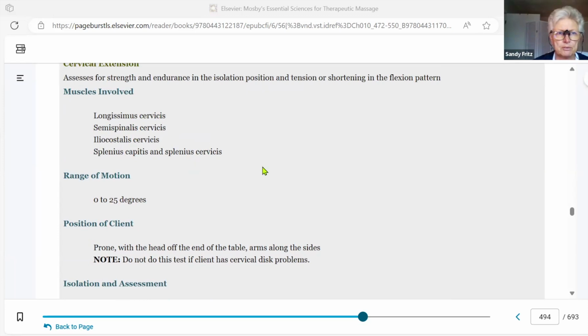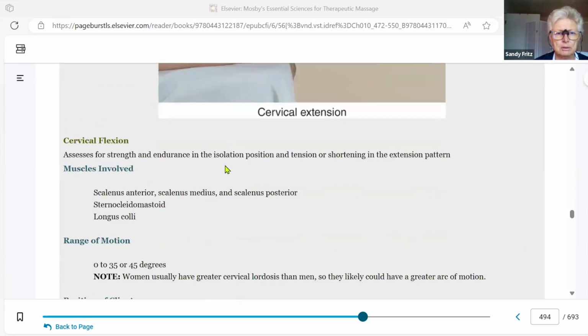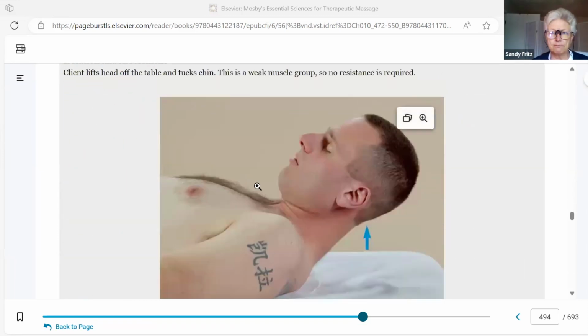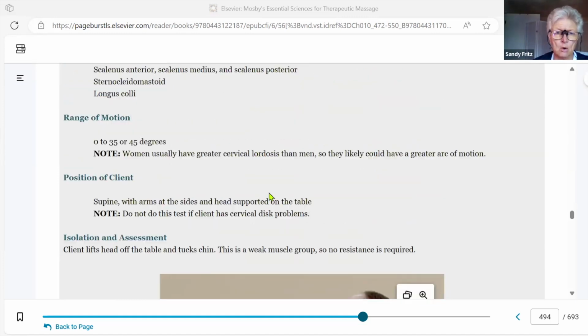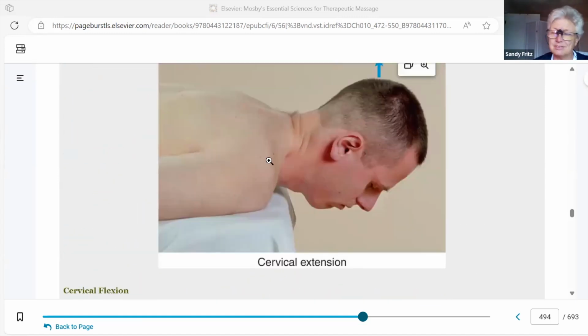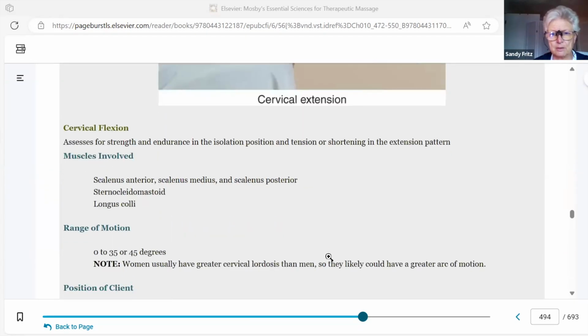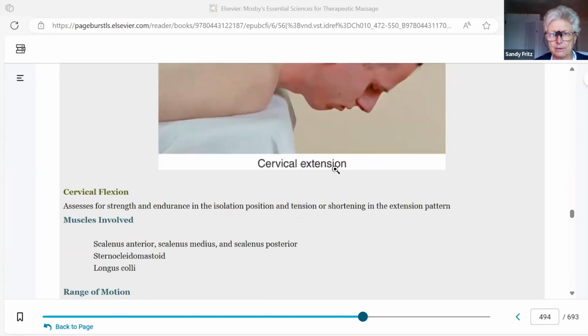So if a person is unable to easily flex their whole cervical area forward, then we have to decide: are the cervical flexors not strong enough to pull the head up and flex the cervical area, or are the cervical extensors not letting go, not functioning appropriately eccentrically? And there's a battle going back and forth here.